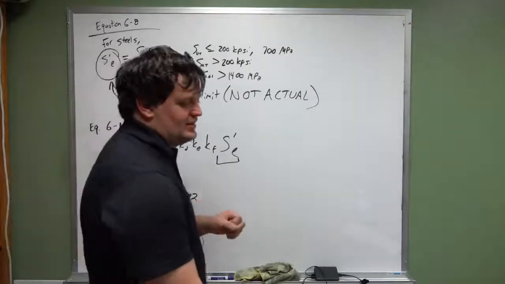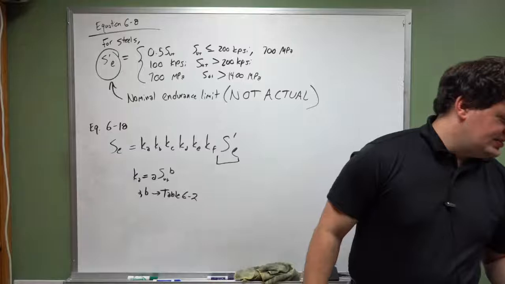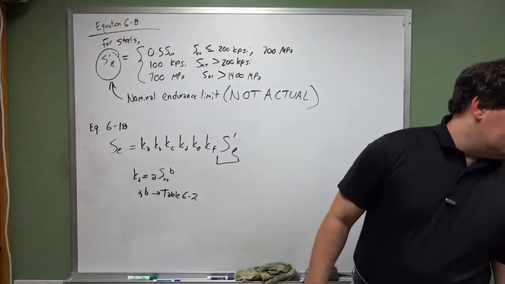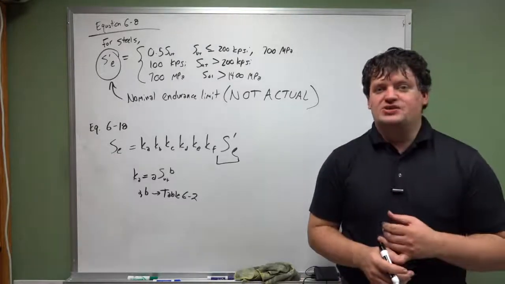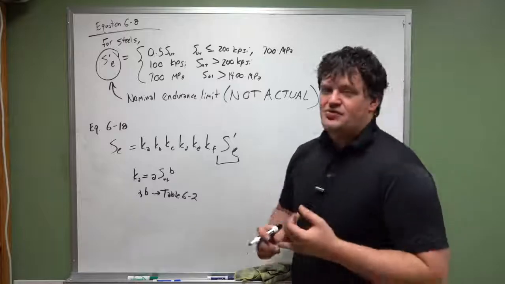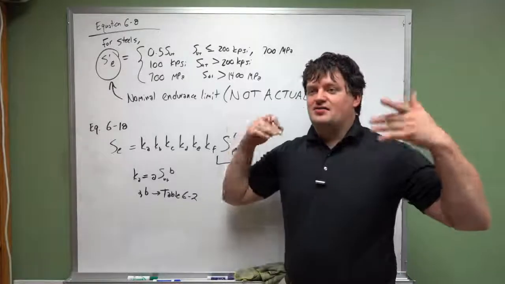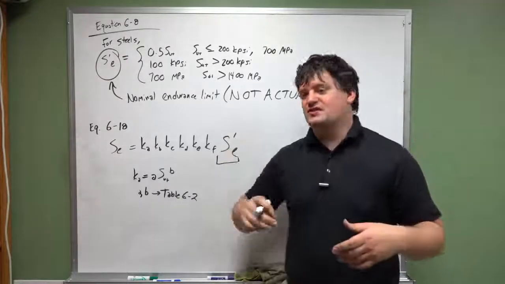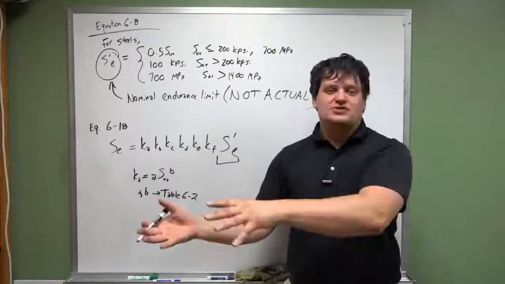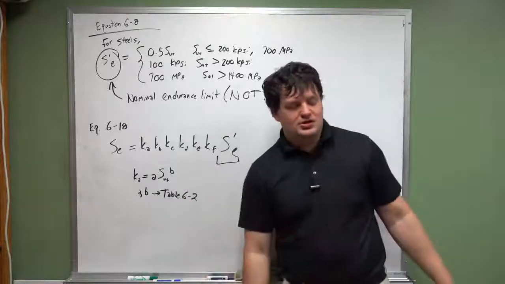You can find A and B values from table 6.2. It depends on what kind of a finish it is. If it's ground, what that means is that you had some kind of a rough surface, it was cut, and then that's your surface, it's just ground.